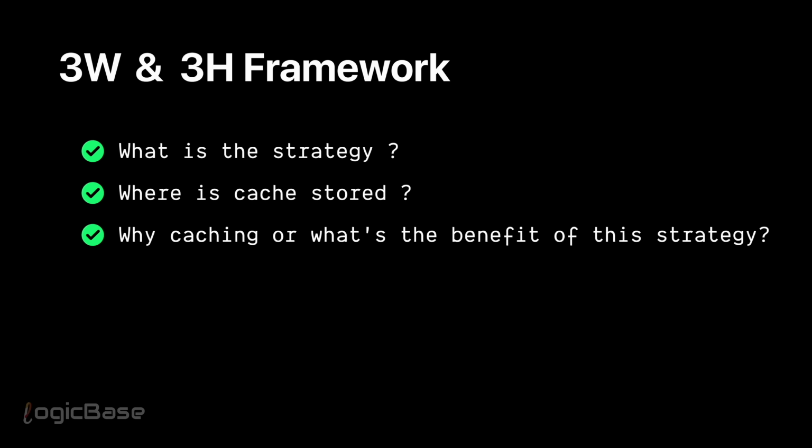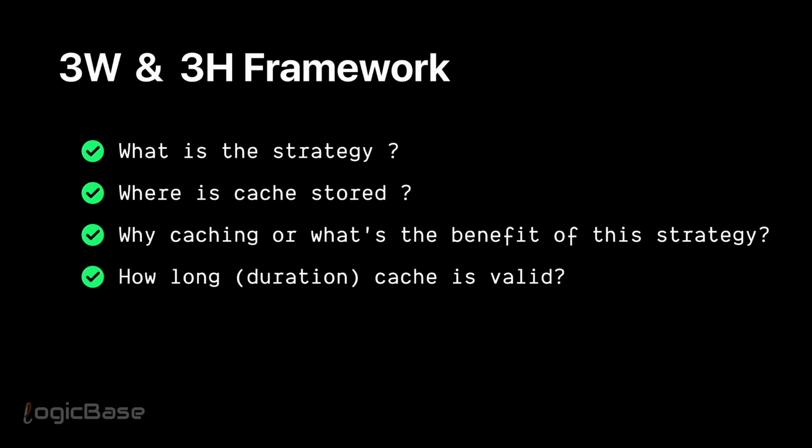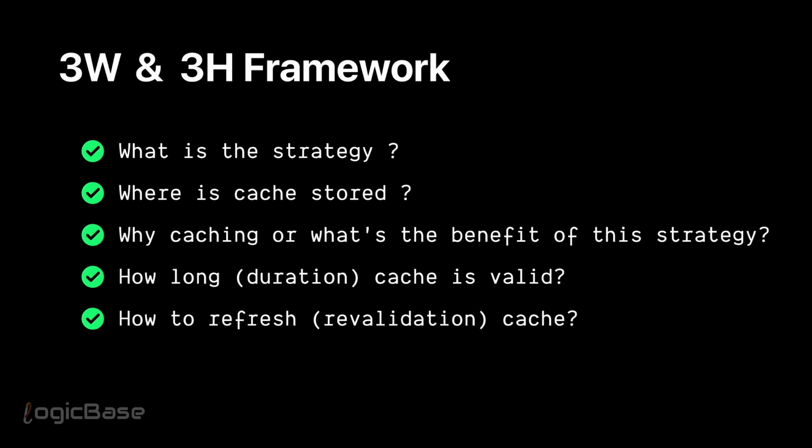Now let's move on to the H questions. Number 4, how long is the cache valid? This is also called the cache duration. For how long will the cache data remain valid? Is it for a few seconds, a few minutes, hours, or maybe indefinitely? Number 5, how to refresh or revalidate the cache. This is what we call cache revalidation.